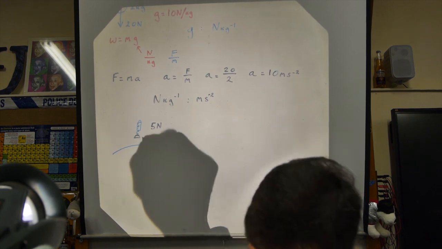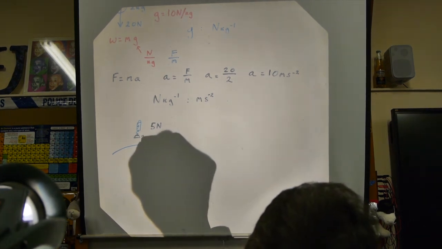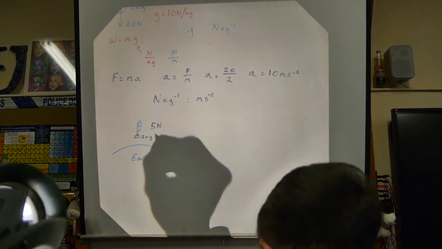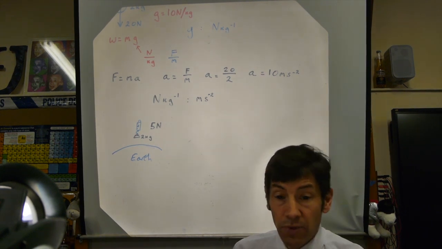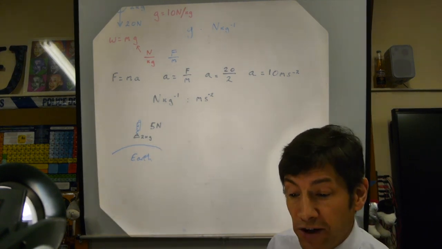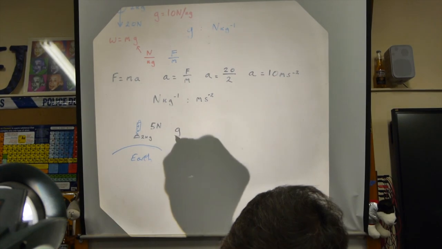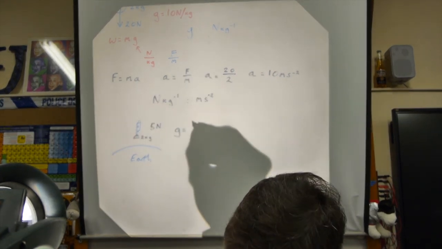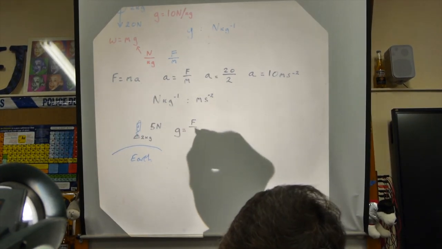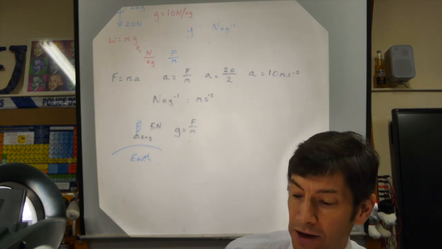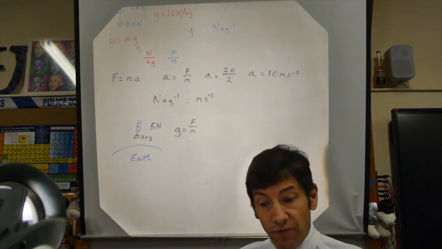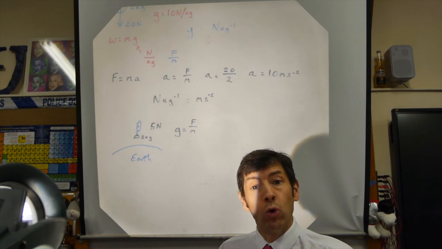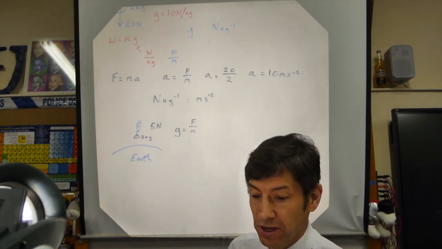And let's say that this fella is 2 kilograms. Okay. Well, we immediately know that g is the force per unit mass. I know what I'm doing here is pretty obvious, but obviously you'll be working with more complex arrangements and numbers.